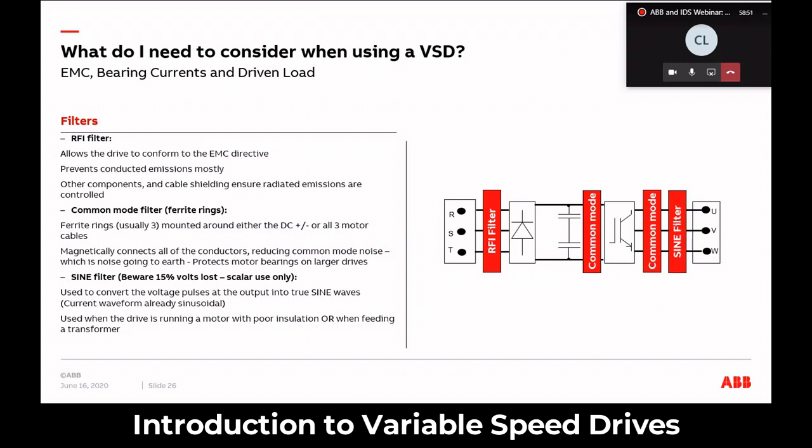They allow the drive to conform to the EMC directive, and mostly prevent conducted emissions. But the RFI filters control one side of that. It's normally the other components, such as the cable shield, that ensure the radiated emissions are controlled, at least anyway.